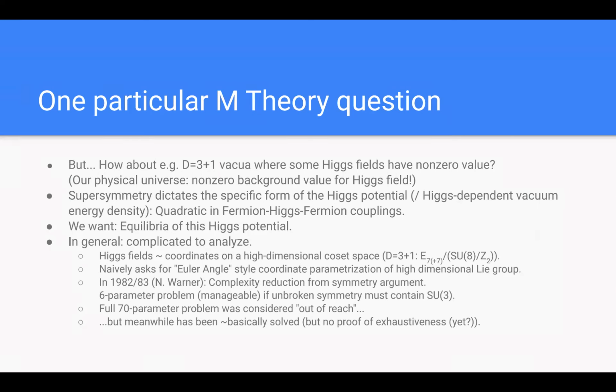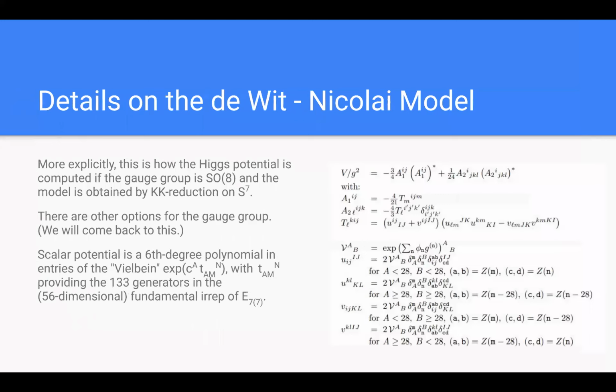And when we have a solution in this parameterization, it lifts up to a solution of the full problem by a simple group theoretic reasoning. So the full 70-parameter problem was considered out of reach for decades, but meanwhile, it basically has been solved, but unfortunately, we don't yet have an exhaustiveness proof. Also more about this later.